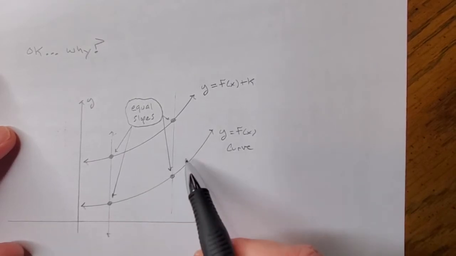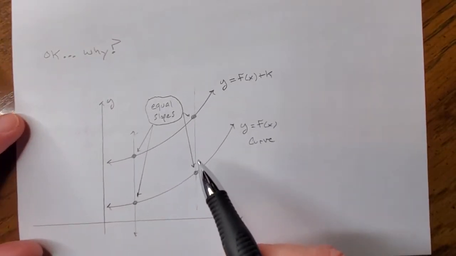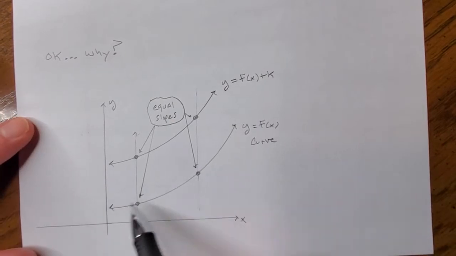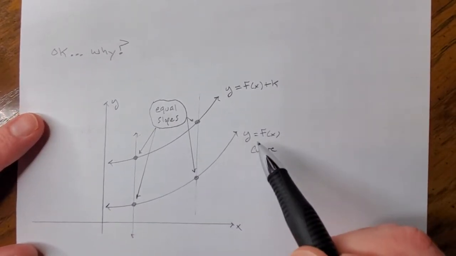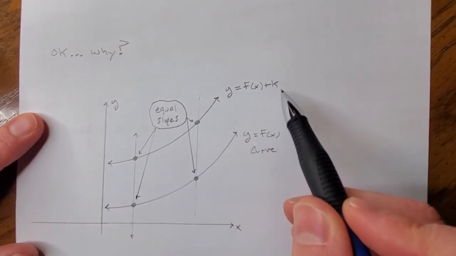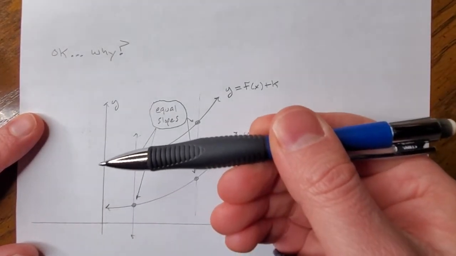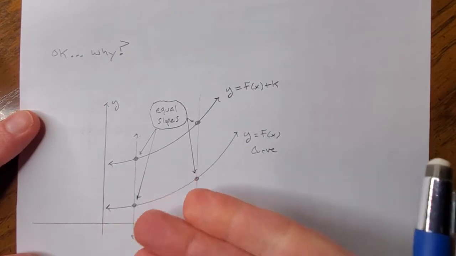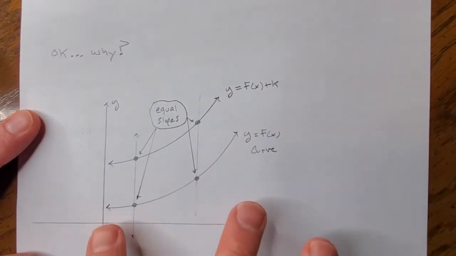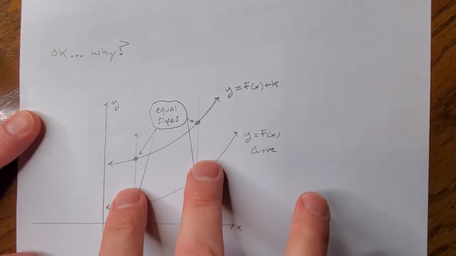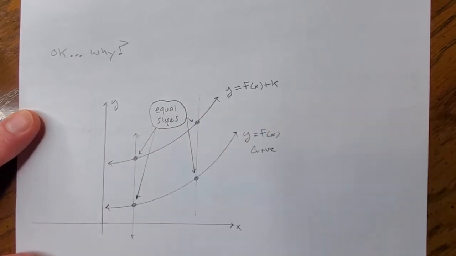It's just a representative picture, no curve in particular. Then y is f of x plus k would just be this curve, lifted up. That's what a vertical shift is. It's not to the left or right. You take this curve and its points and you pick them straight up, and that's how you get this one.